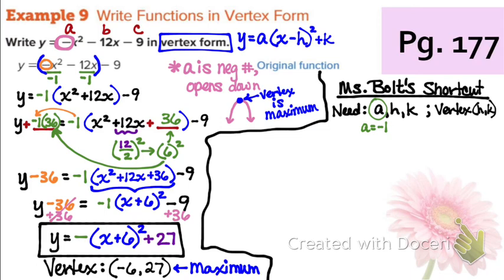Is it up here? Nope. We haven't done it in a while. Axis of symmetry is -b over 2a.